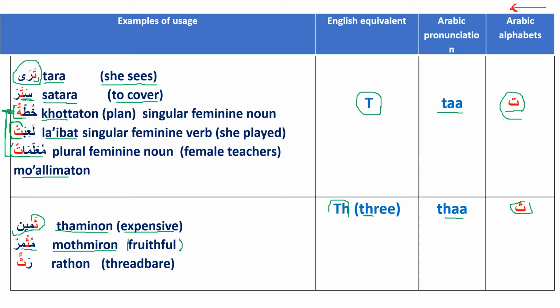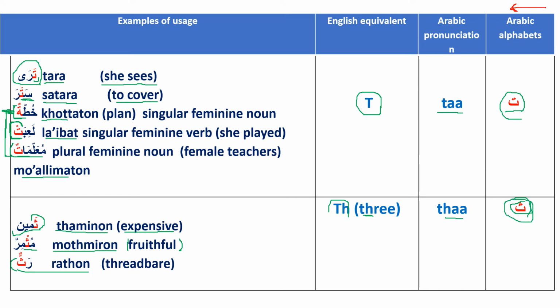This is when it is written in the middle of the word. Now let's see the third word. رث. It is written as in the original, just like this.